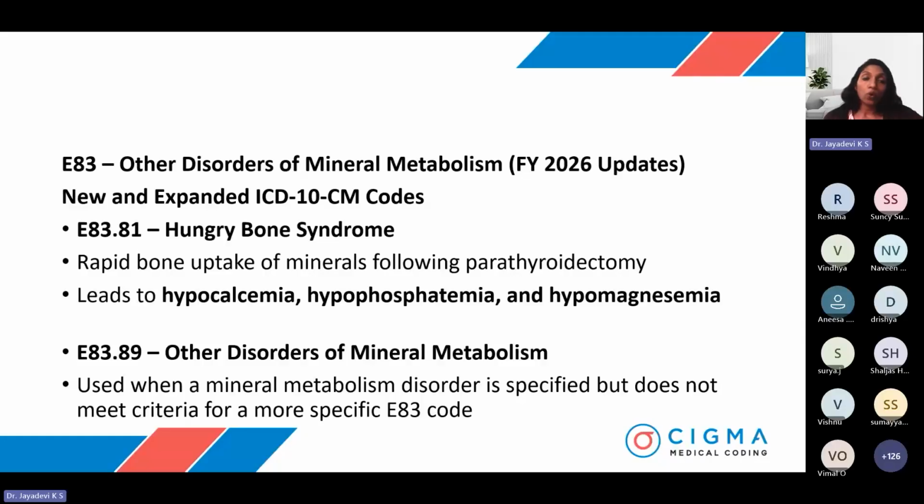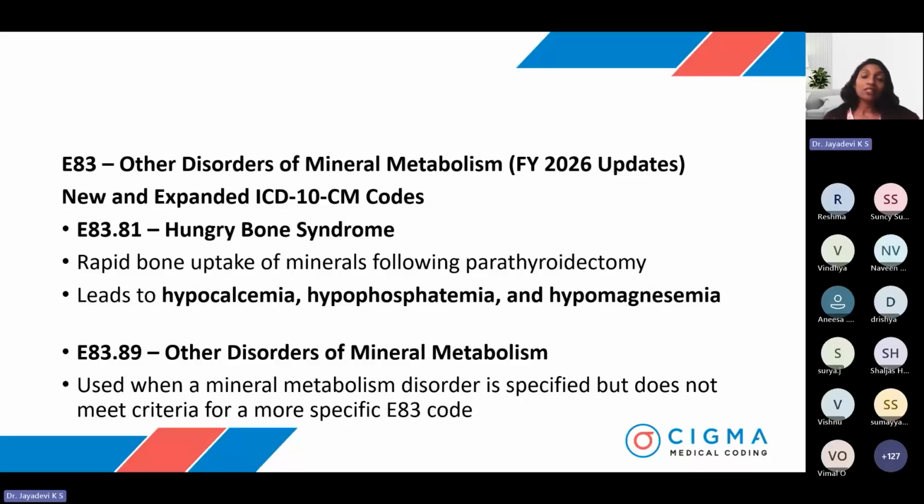E83.81 is hungry bone syndrome. This usually occurs after the removal of the parathyroid. What is the function of the parathyroid? It balances the calcium content in the blood. But if there is an absence of parathyroid hormone, the bone starts taking up all the calcium from the blood.